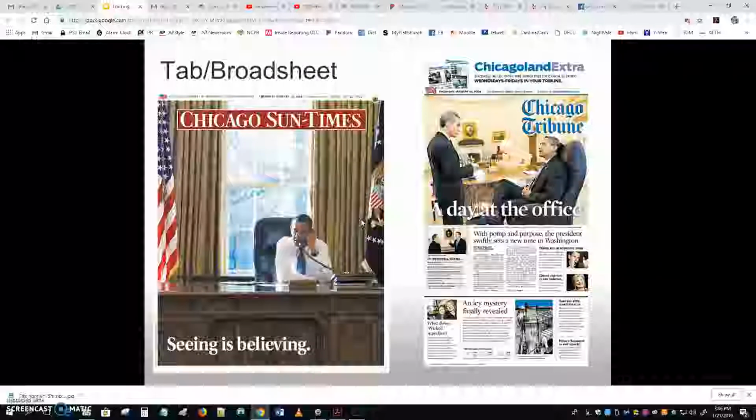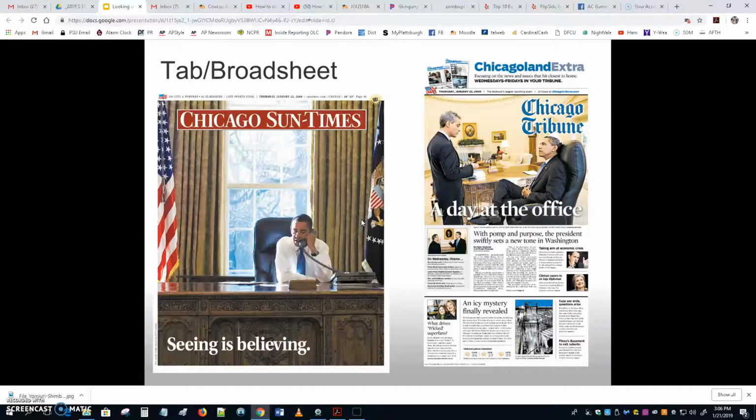You could think about, what is the size of the paper? So the Chicago Sun-Times is a tab, which means it's sort of a half-size paper. It feels more like a book. And around the nation, there's been a trend moving towards tabs. They feel thicker and meatier, yet they actually can use less paper, so they can be more economical for people.